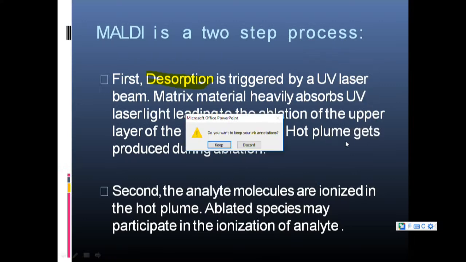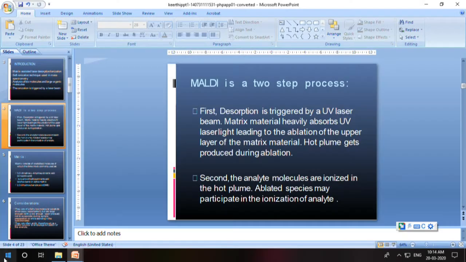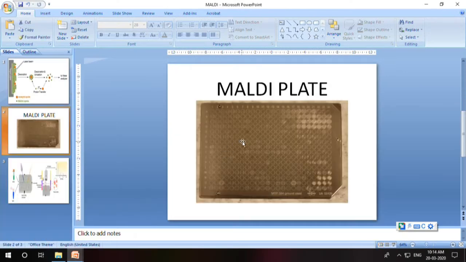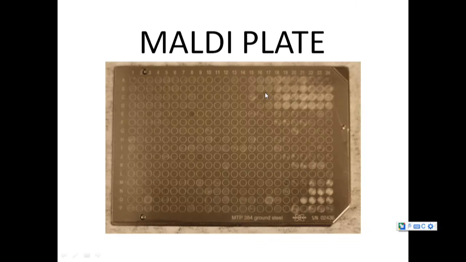The matrix, a colloidal substance, is coated on the plate, as in the previous slide. The substance contains molecules which could trap energy primarily from the laser light, because as I told you, proteins are structurally complex, no doubt, but complexity is not proportional to structural integrity.